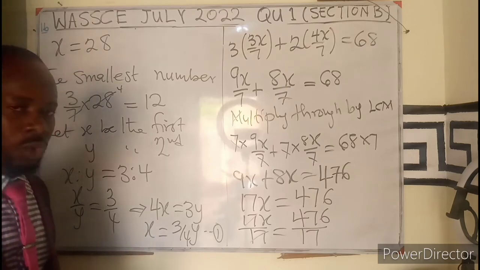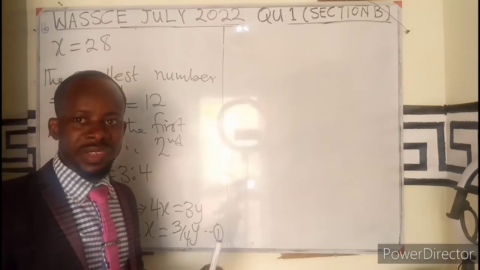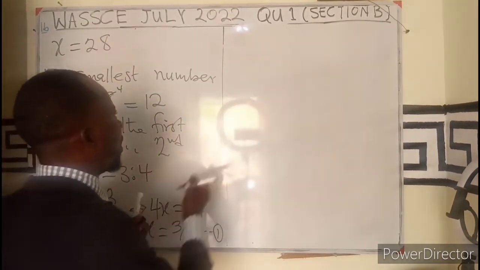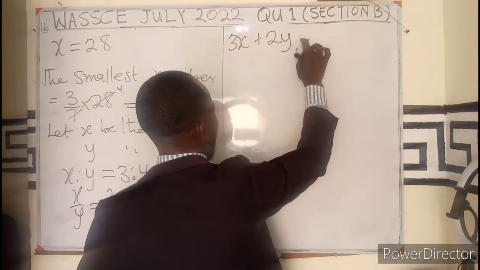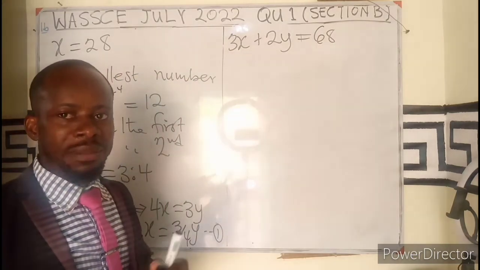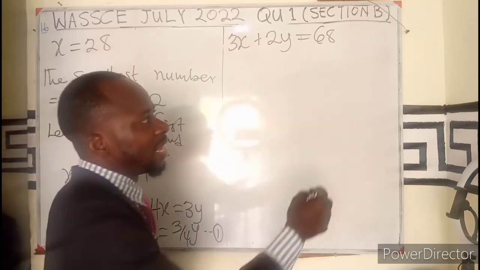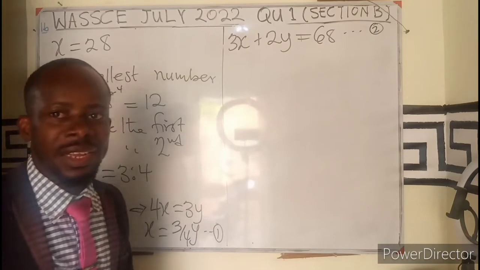Good. On the second side of the question, which says 3 times the first number and twice the second number give us 68, that becomes our second equation: 3x plus 2y equals 68.